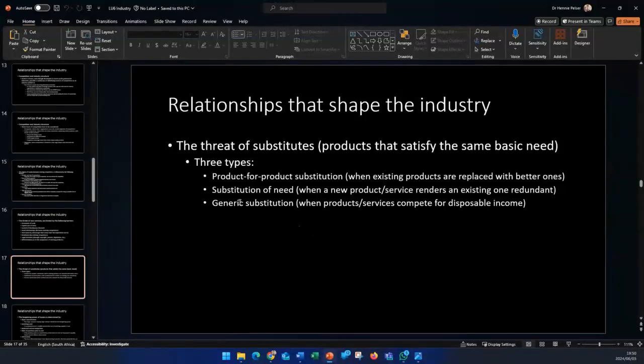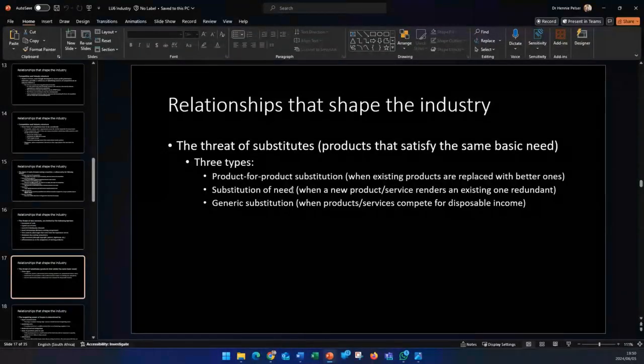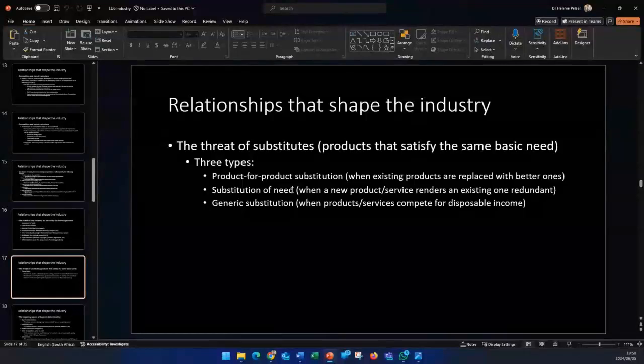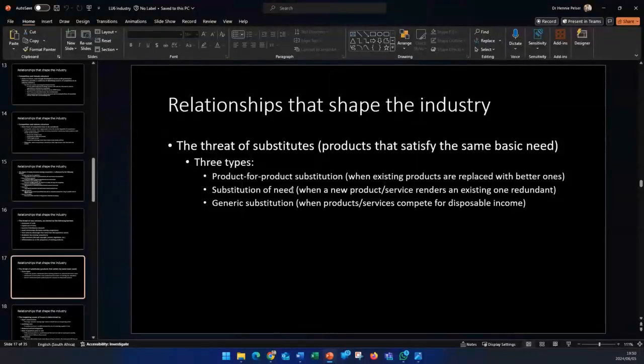Okay, guys, in terms of substitution of need, this is where a new product kills all previous products. Your cell phone killed off I don't know how many hundred products that would have been there in the past. And then generic substitution. We know that when money gets tight, people have to make a choice between, for example, buying new clothes and buying airtime.